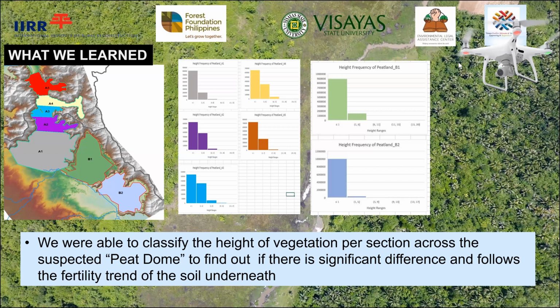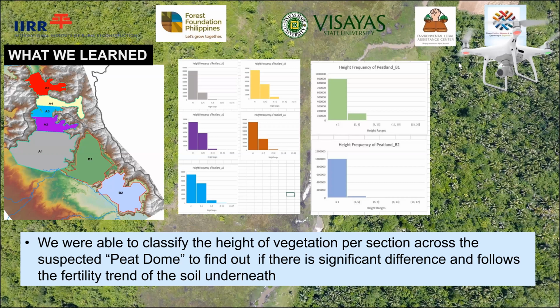And the estimation of above ground and below ground carbon stock, as I said, using drone can also be done, but we need additional information. Above ground is okay. We just need one study relating the height and the diameter of trees. Then we can calculate the above ground carbon stock.